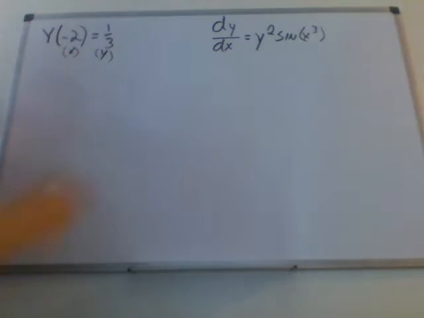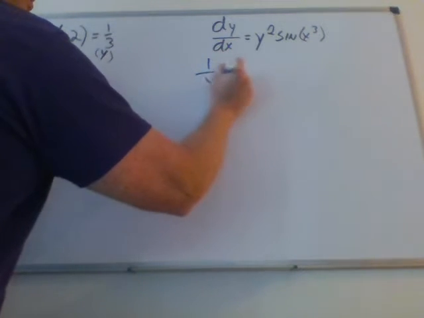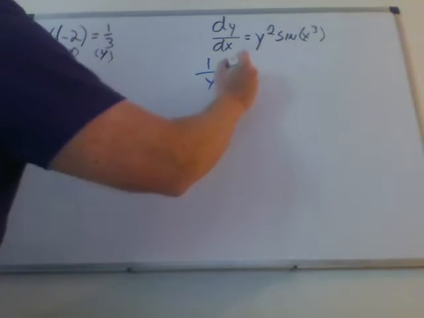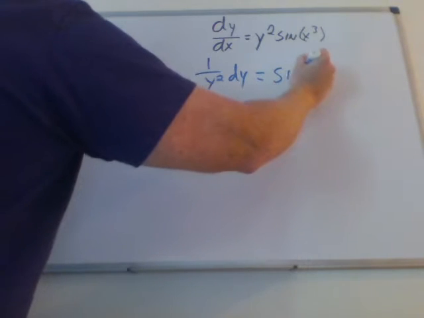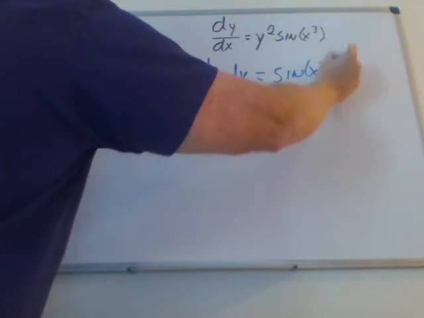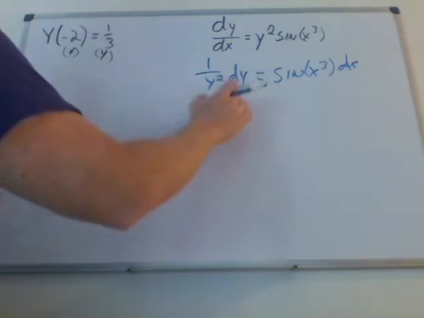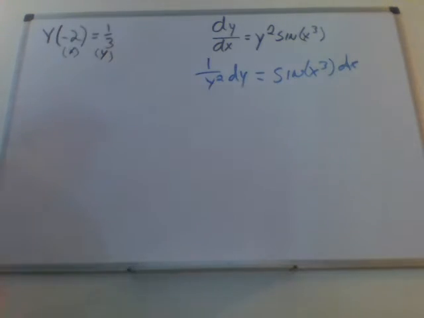You could divide by y squared on both sides, so you would get 1 over y squared dy, and then multiply by dx on each side, so you'd have sine of x cubed dx. That works excellently because you have all your x's on the right side and all your y's on the left side. So from there, it's comparable to integrate.